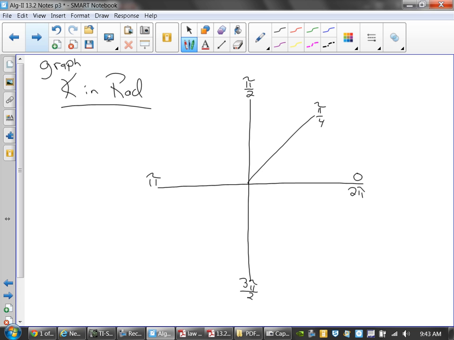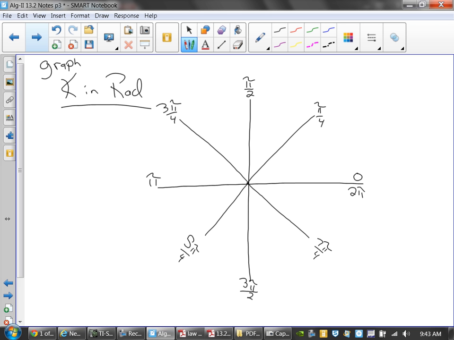Okay. 3 pi over 4. Very good. Again, this is nothing more than just fractions here. Okay. What was the next angle we worked with?